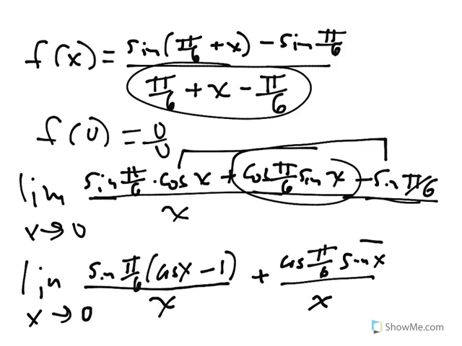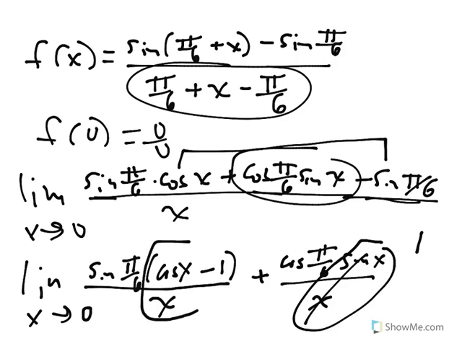So if you believe those two things, then this sine x over x can be replaced with 1, and this cosine x minus 1 over x can be replaced with 0. And then the 0 times the sine pi over 6, that whole thing becomes 0.